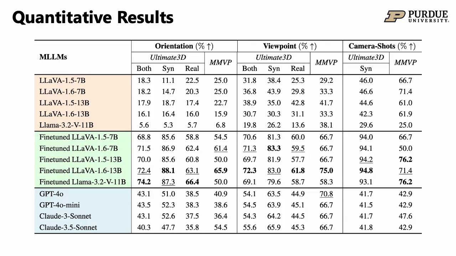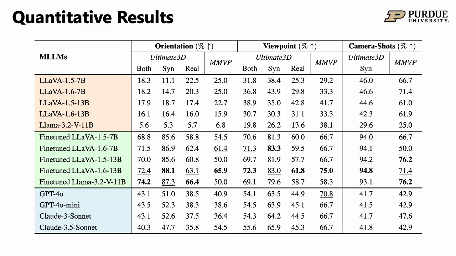This table shows comprehensive results on the Ultimate 3D benchmark. Key findings are: our fine-tuned models achieve the highest performance across all capabilities, object orientation, camera viewpoint, and camera shots, on both synthetic and real image space. More importantly, fine-tuned models significantly outperform commercial SOTAs at the same time.